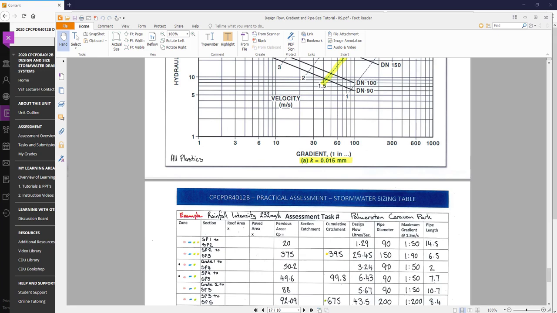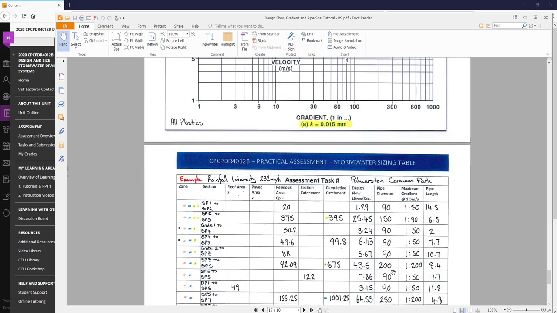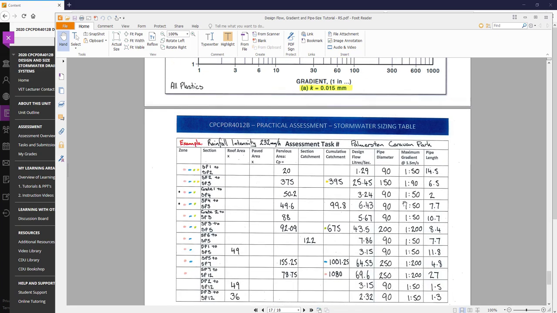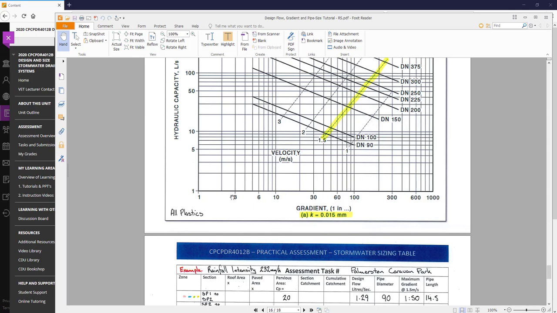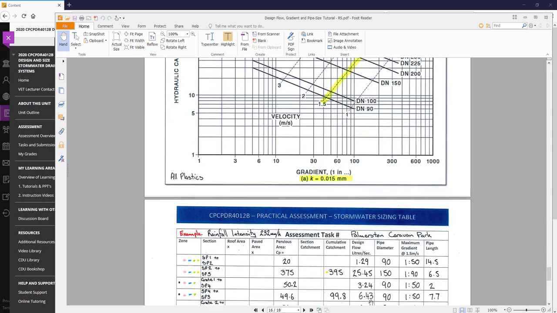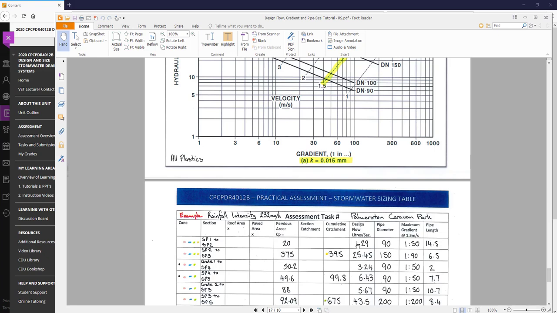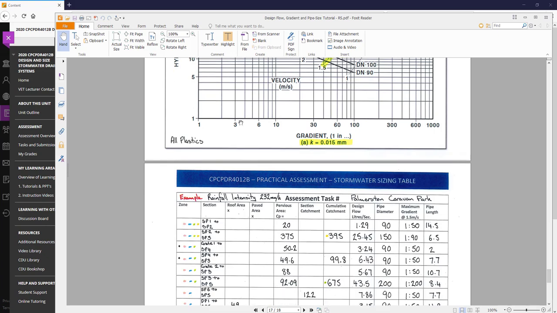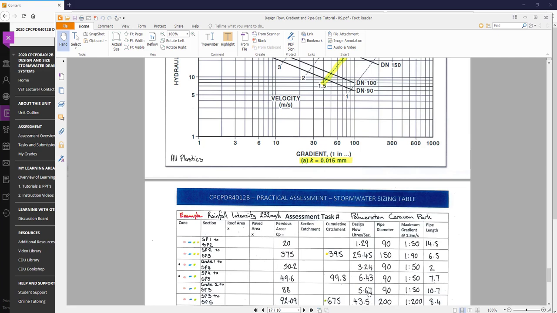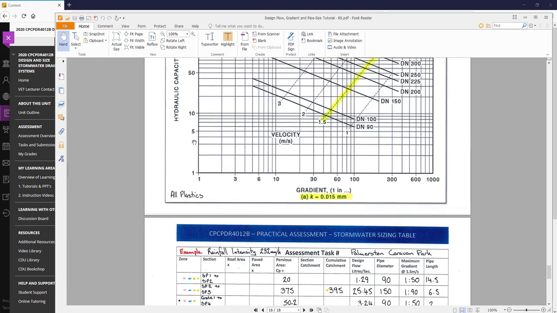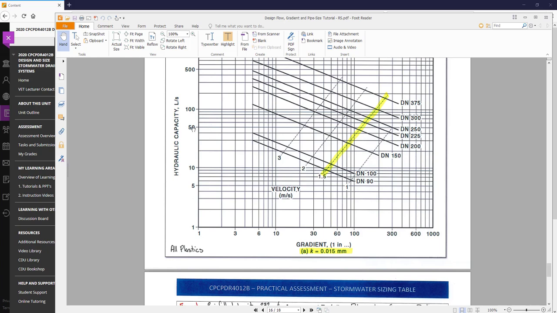The next one is pretty straightforward. You can work your way through them from there. But I think you now know how to use this, because the design flow, these figures here are down the side. So 43, for instance, this one here, 43.5. You know, there's 50, 43.5.